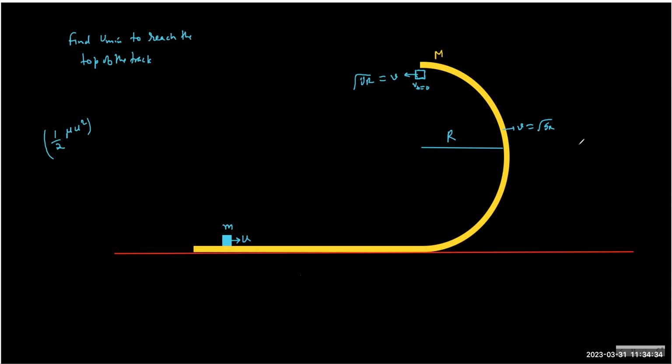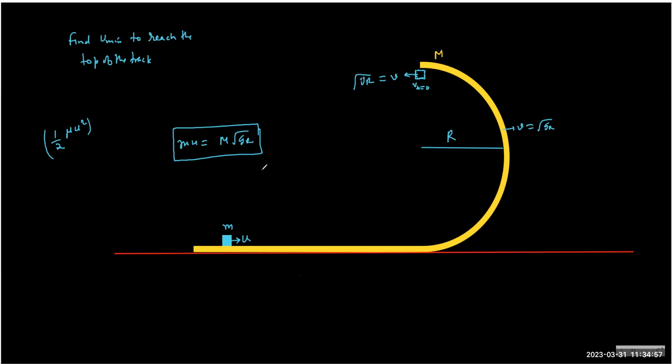Then I can write the conservation of linear momentum, right? From conservation of linear momentum, what can you write? m U equals capital M into root GR. That's it. Understood?